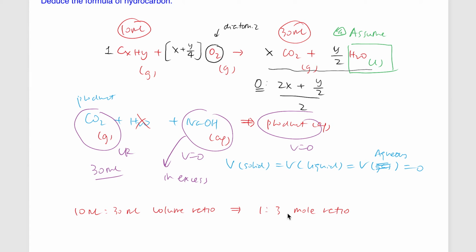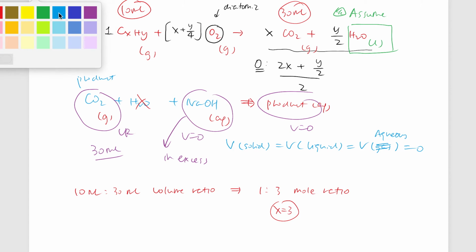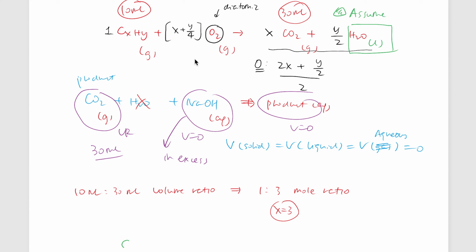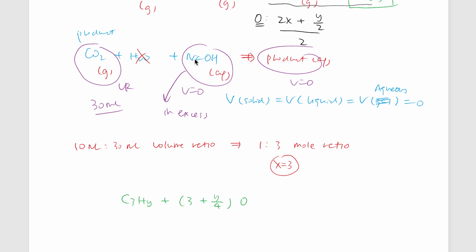If their mole ratio is 1 to 3, then x equals 3. So we can have a look at this equation again. It's C3Hy plus 3 plus y over 4 O2 goes to 3 carbon dioxide plus some kind of liquid.